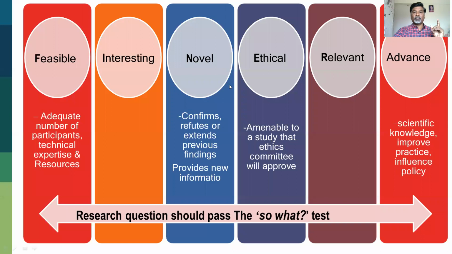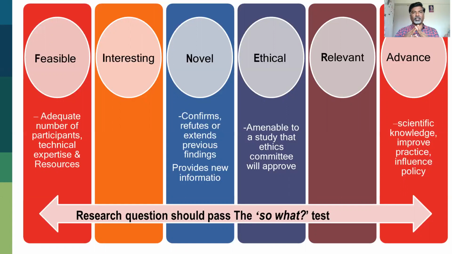The next point is that the research question should pass some test. What type of test does that mean? While selecting the research topic, you have to ask some questions. First, what is the scope of the research I am selecting, and is it feasible for me or not?